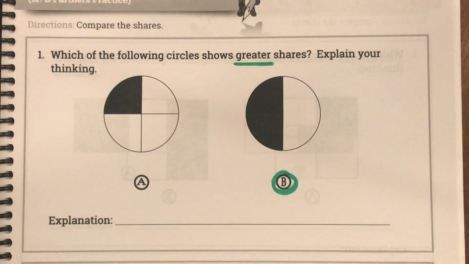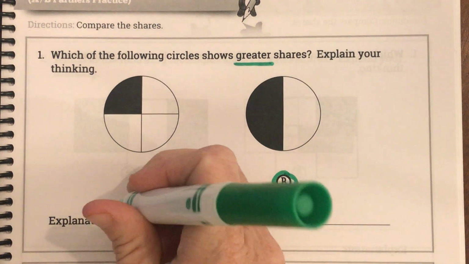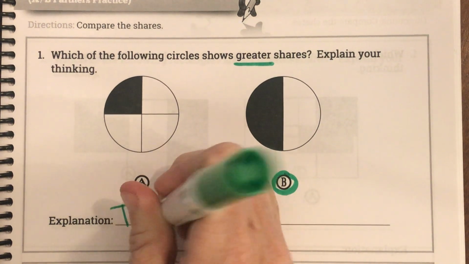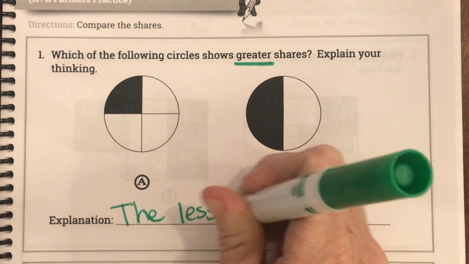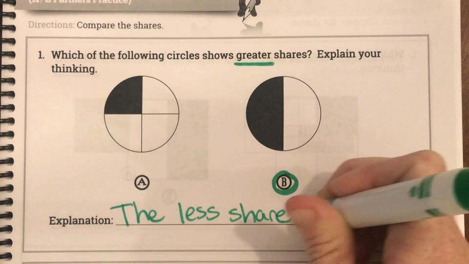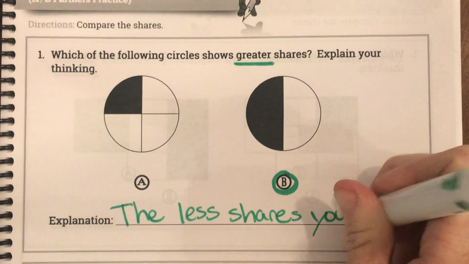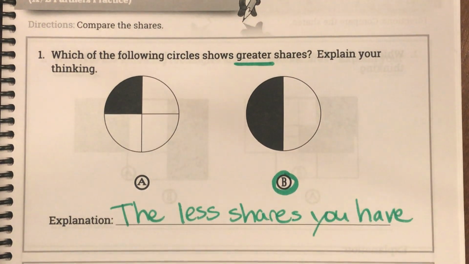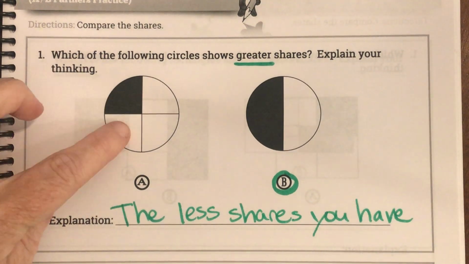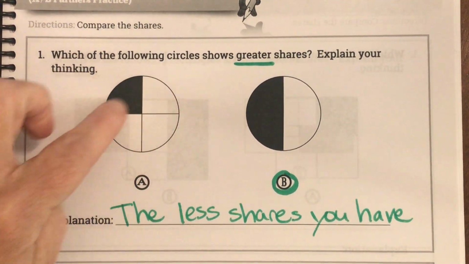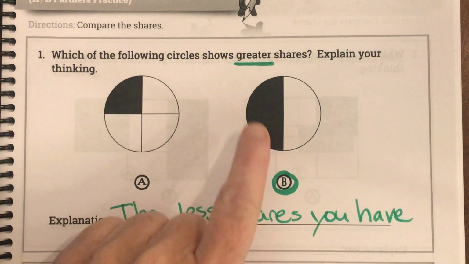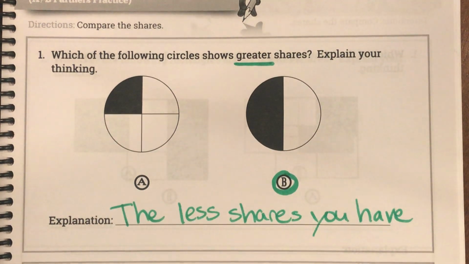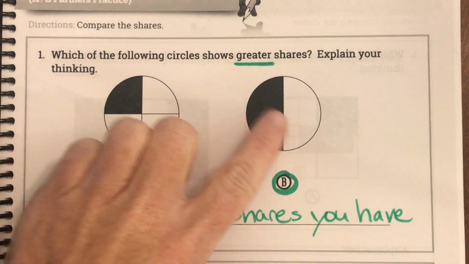Why does this one have a bigger or greater size piece? The reason, remember, is the less shares you have, and I'll give you a second to write that. Here there are 4 shares, so imagine sharing it with 4 people. Here there are 2 shares, and 2 is less than 4.